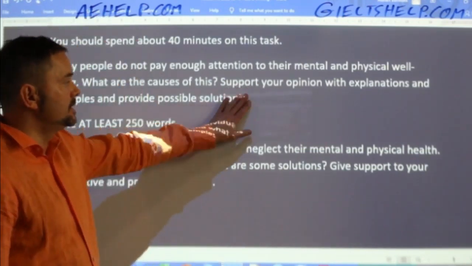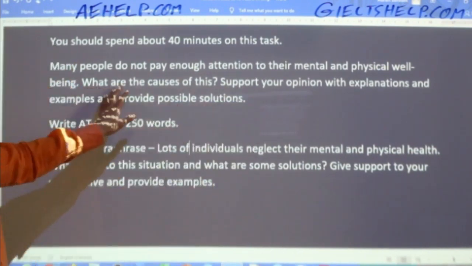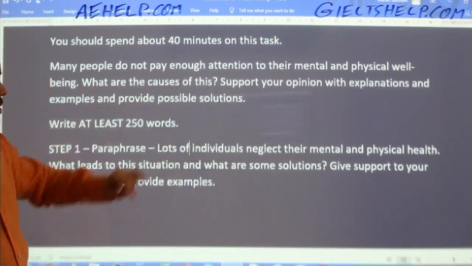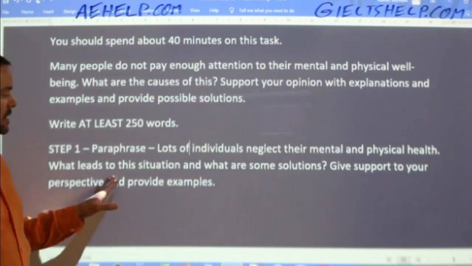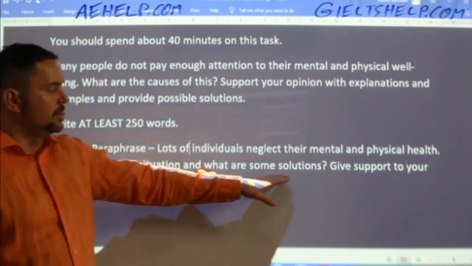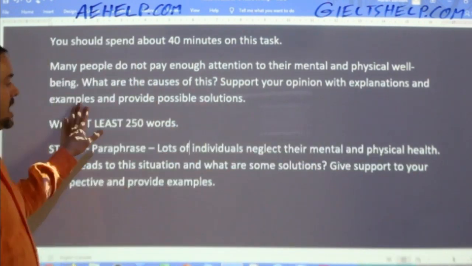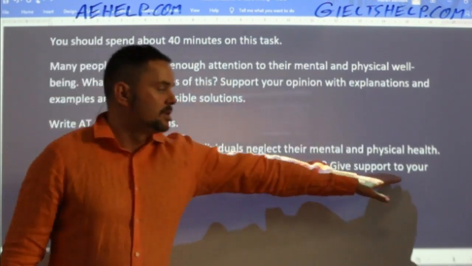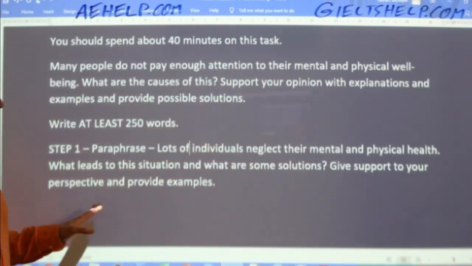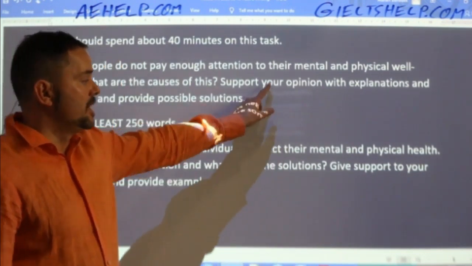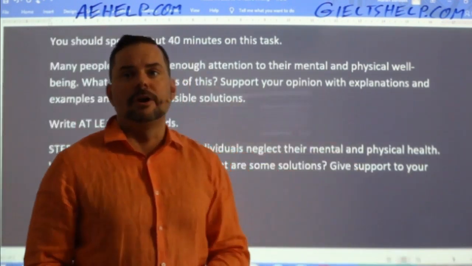So even this other part here, what are the causes of this and possible solutions? I put this into one question. What leads to this situation and what are some solutions? And then with explanations and examples. So give support to your perspective and provide examples, okay? And I'm paying attention to these key pronouns like your and your.